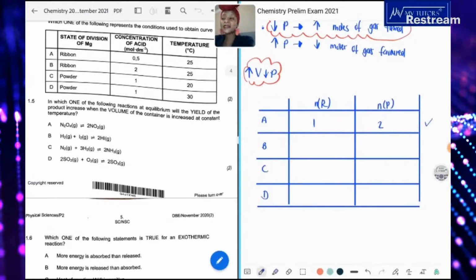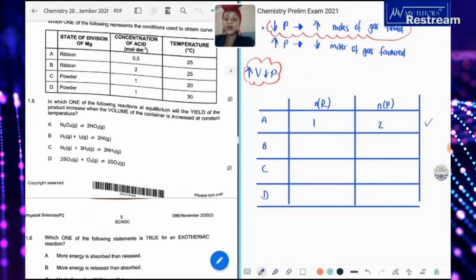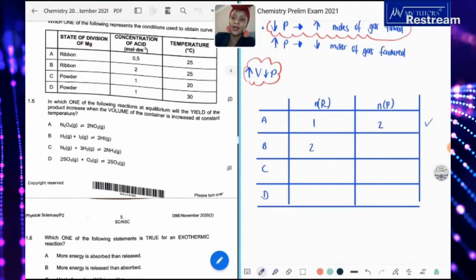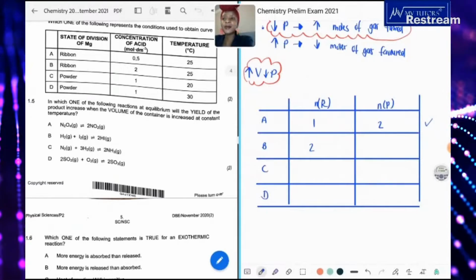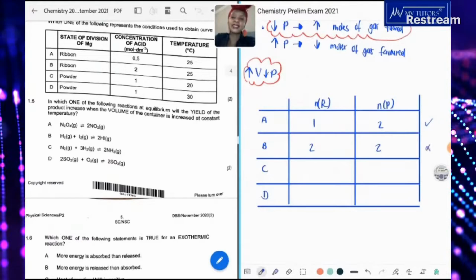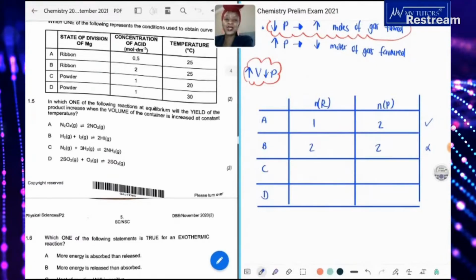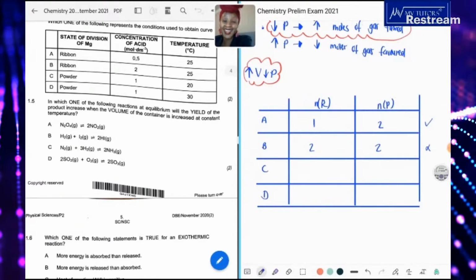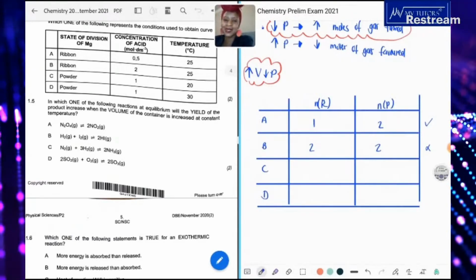B, we have 2 moles on the reactant side because you have 1 mole of hydrogen and 1 mole of iodine. So you have 2 moles, and on the product side, you also have 2 moles. So this doesn't work. According to Le Chatelier, it'll be confused. Who am I favoring, reactants or products? So we're not considering that.